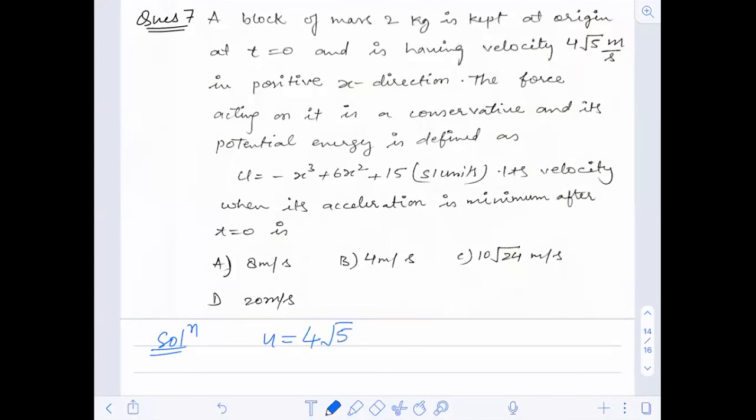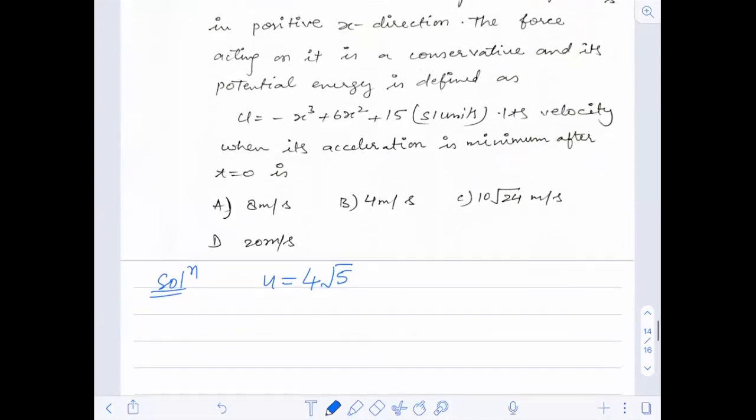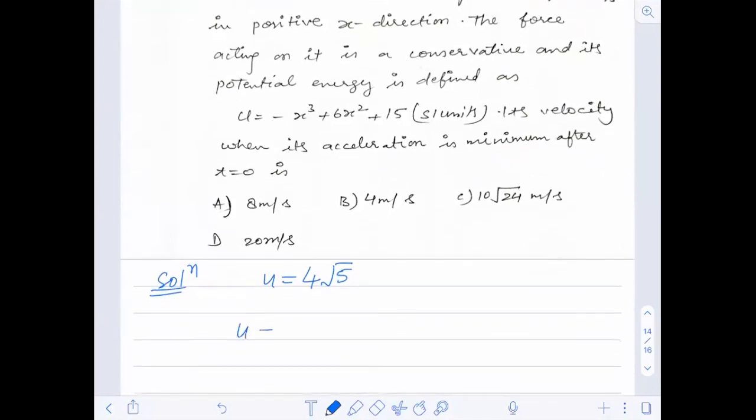The force acting on it is conservative and its potential energy is defined as U equals minus x cube plus 6x square plus 15 in SI unit joules.